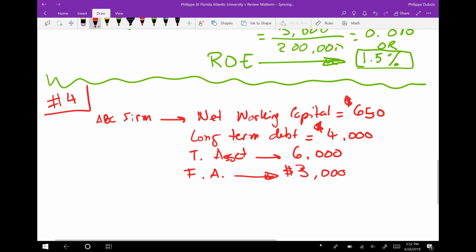So we'll say this is a piece of equipment because I doubt that you'll be able to build a brand new building for $3,000. Wouldn't you agree? Of course.